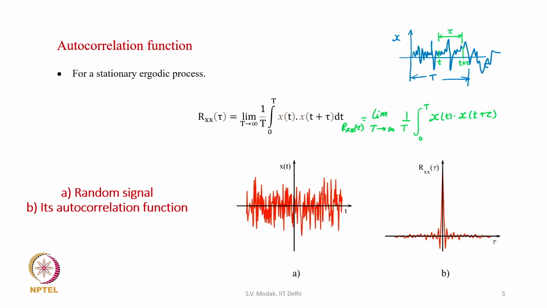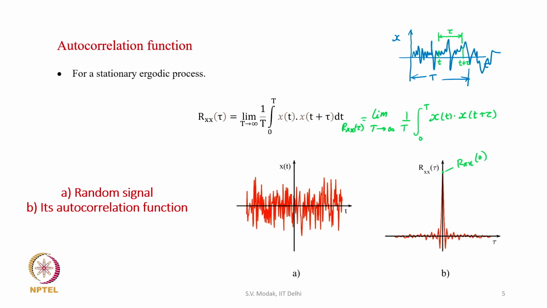We see that on the left side, in part A of the figure, we have the random signal x of t, and the autocorrelation function of this random signal is shown on the right, that is figure B. As tau is changing, the autocorrelation function is also changing, and we see that for tau equal to 0, this is the autocorrelation function R x x 0, the autocorrelation function is maximum.